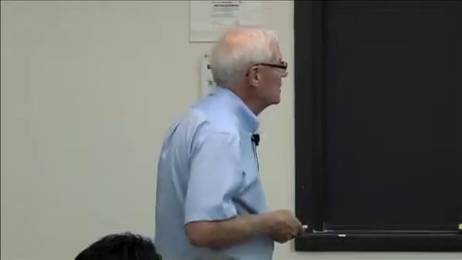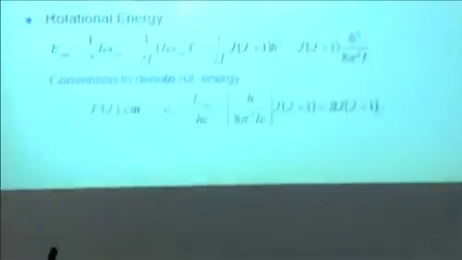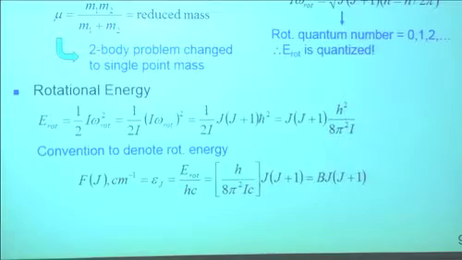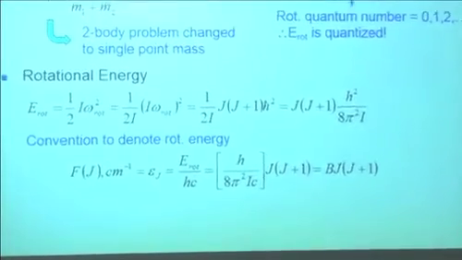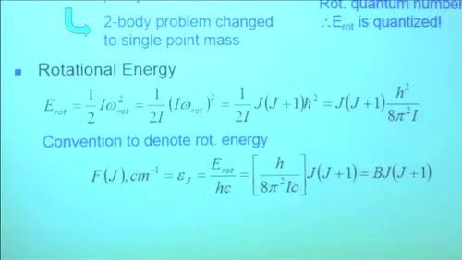Now we want to convert this to what's called conventional form. So the convention for rotation is to take this rotational energy and convert it to wave number units. So instead of this being ergs or joules, convert this to wave number units. This divided by hc is the rotational energy in wave number units.